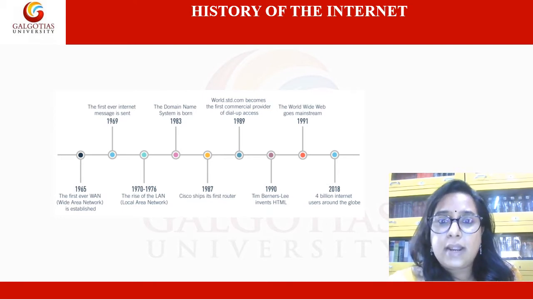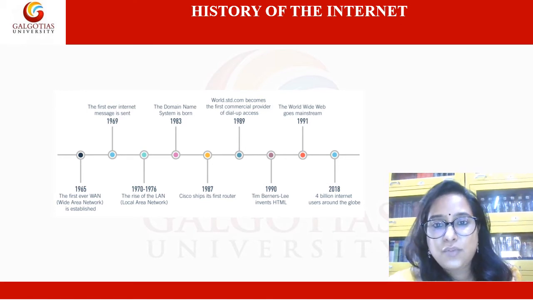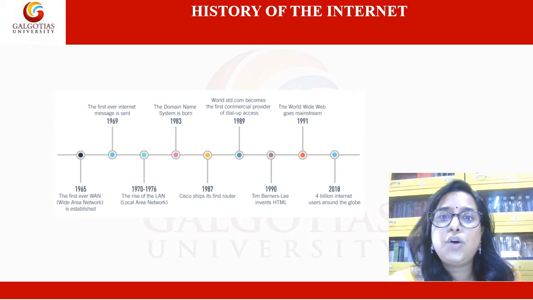In September 1969, the University of California at Los Angeles, the Stanford Research Institute, the University of California, Santa Barbara, and the University of Utah were connected by a network that was called the ARPANET.